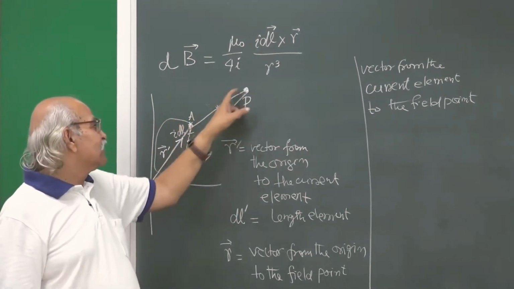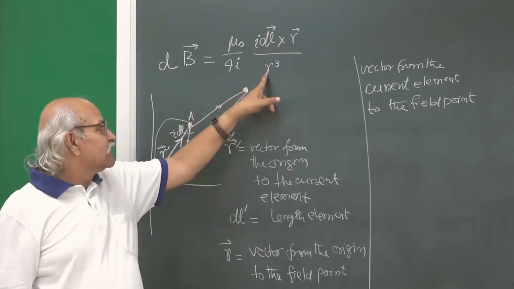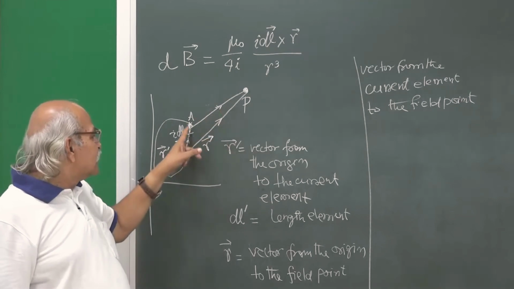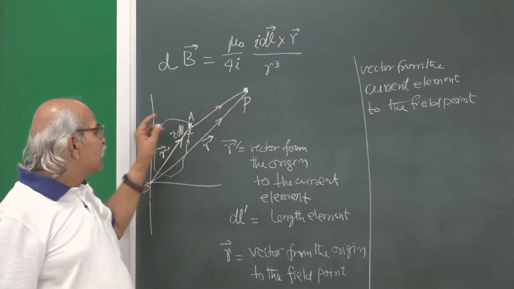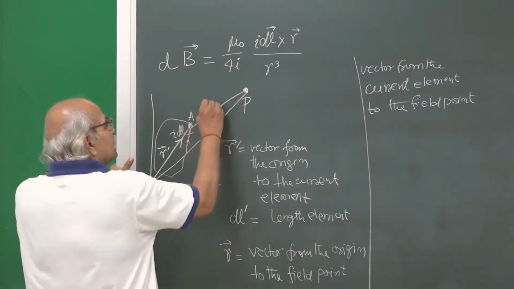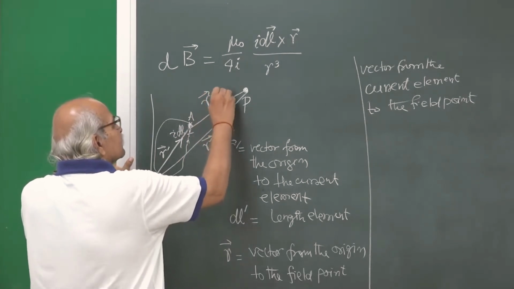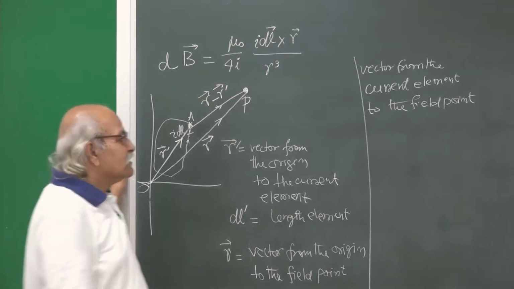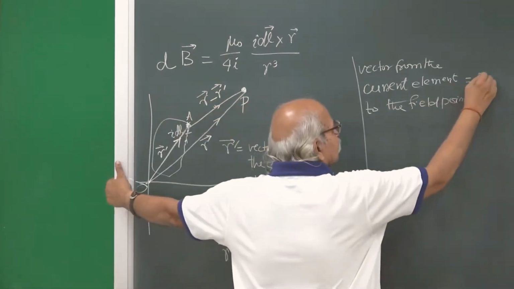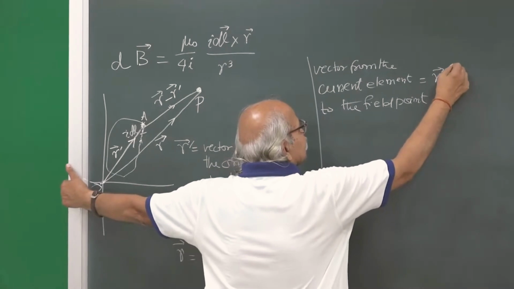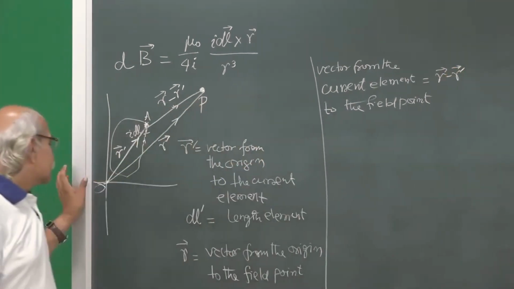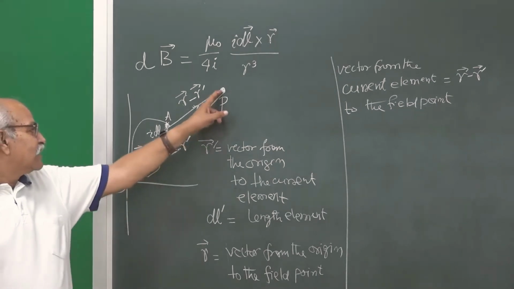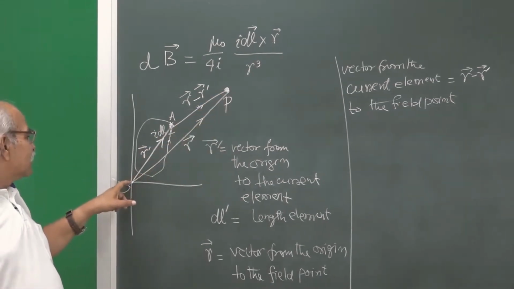So, the vector from the current element to the field point will now be r vector minus r prime vector. R vector is from O to P, and this r prime vector is here.